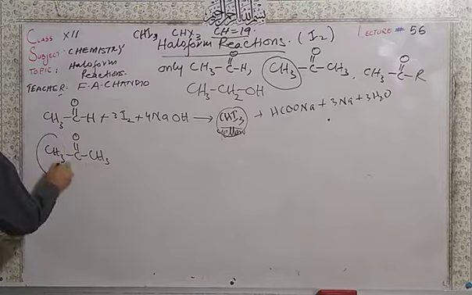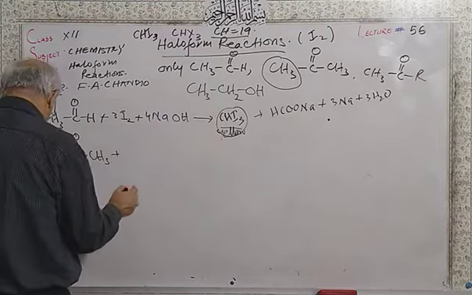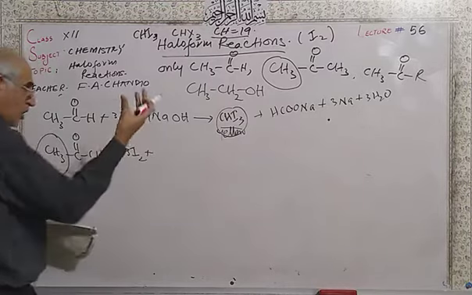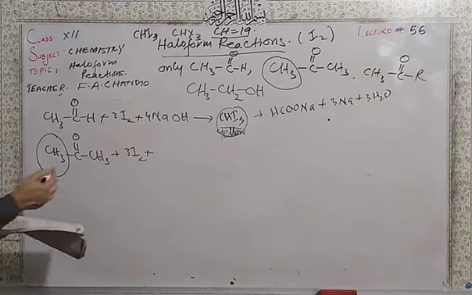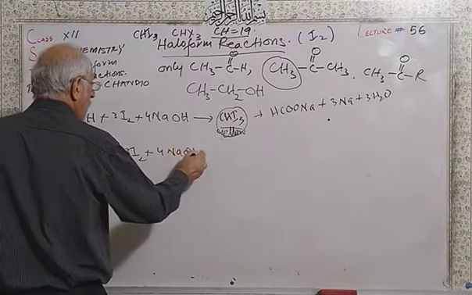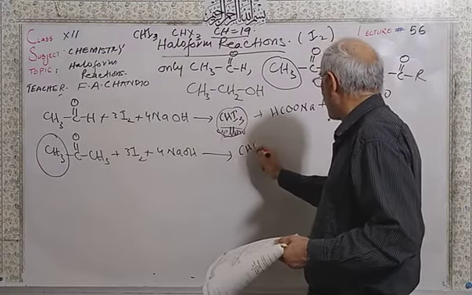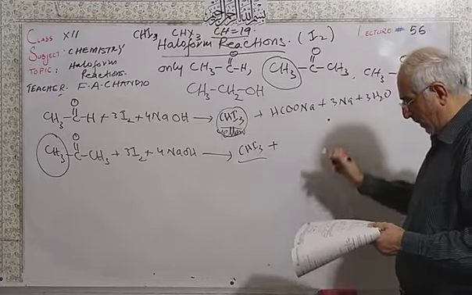Small methyl ketone: one side must contain CH3. This is acetone. I put iodine, a solid, dark brown, blackish, very smelly solid, with sodium hydroxide. Then you will get iodoform. This is the product, a yellow precipitate in this case also.